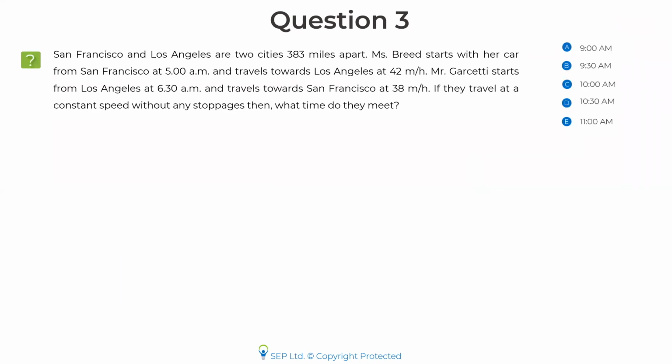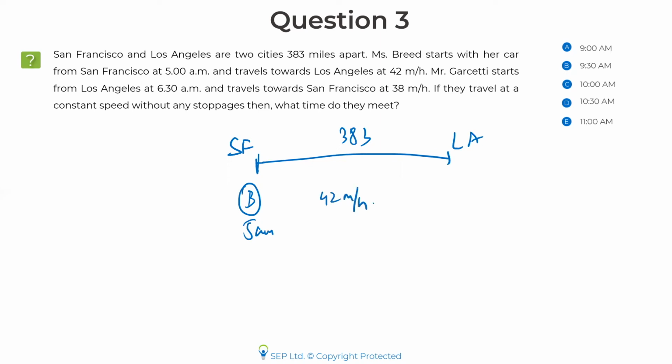All right, so let us see what exactly happened in this particular question. The question says that San Francisco and Los Angeles are two cities which are 383 miles apart. The first person, let us call her Miss B, starts with a car from San Francisco at 5 a.m., traveling at a speed of 42 miles per hour.